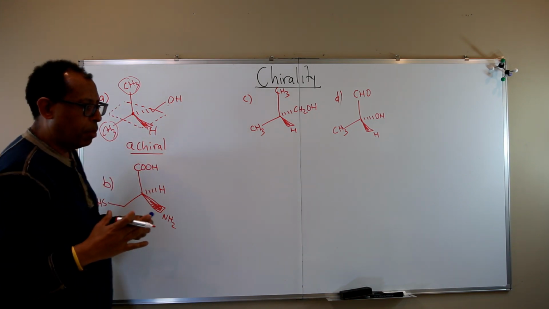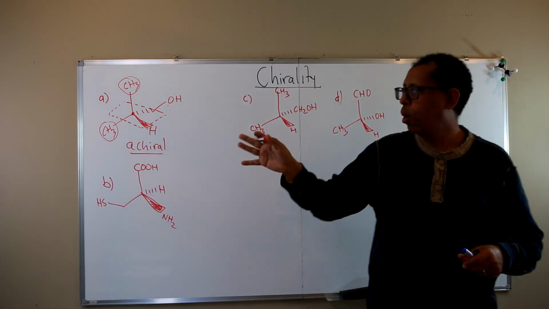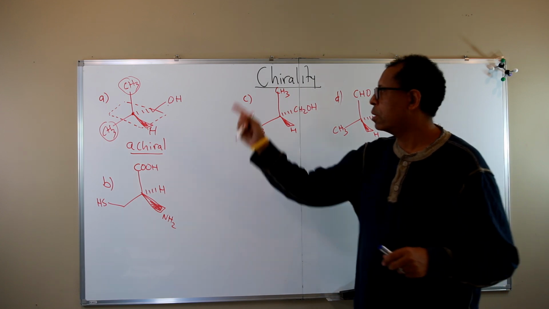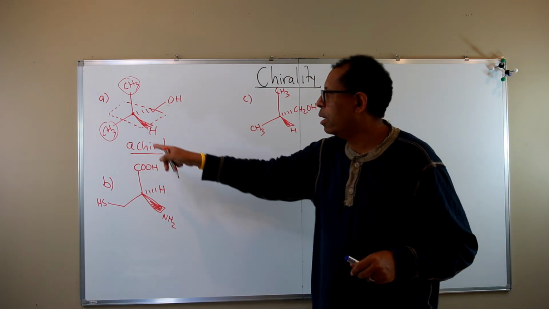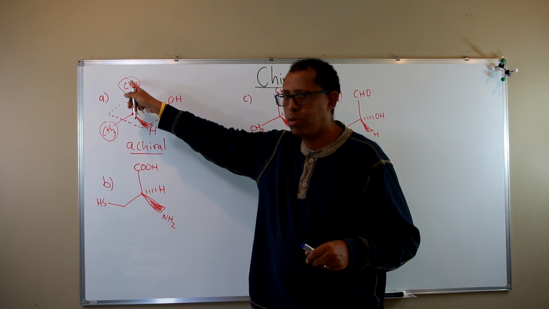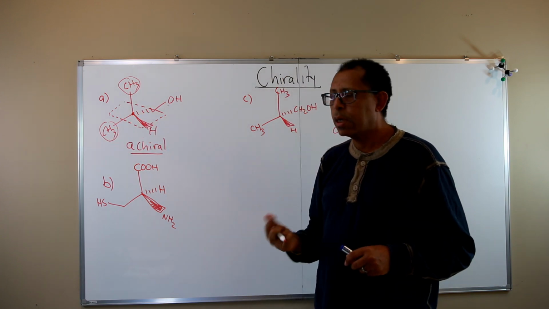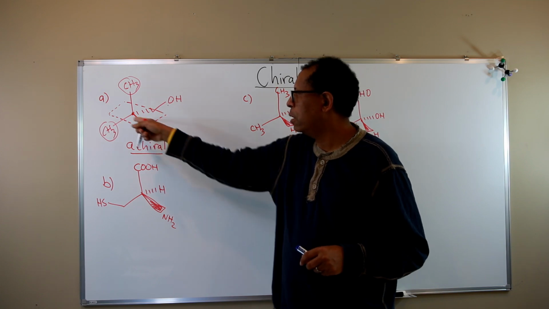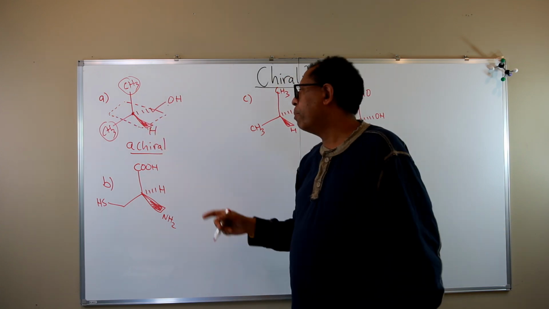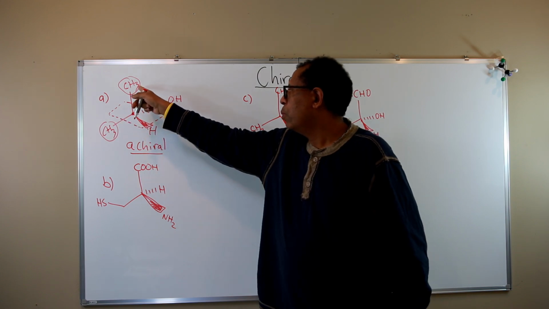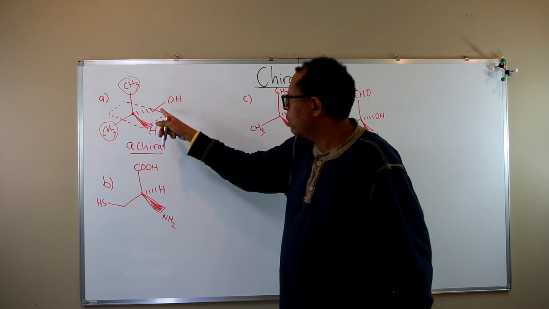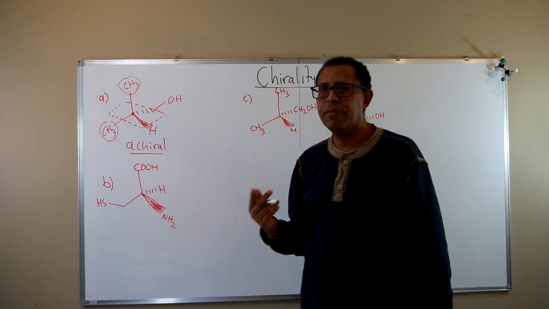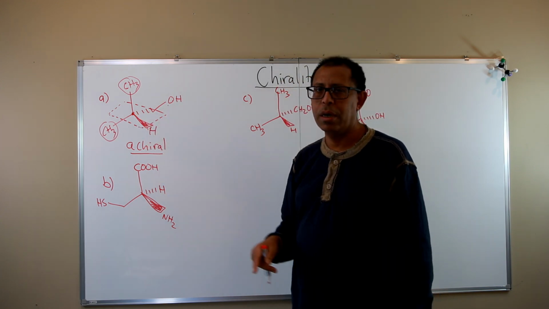A plane of symmetry within a molecule makes the compound achiral. So two definitions: a compound is achiral if it is substituted by two identical groups, and it would have a plane of symmetry like this, which reflects this to this. Each one is reflected to itself when you cut it. So there is a plane of symmetry which makes it achiral.